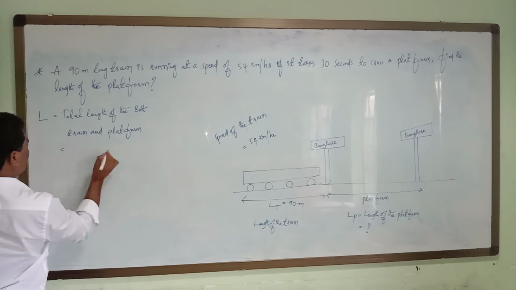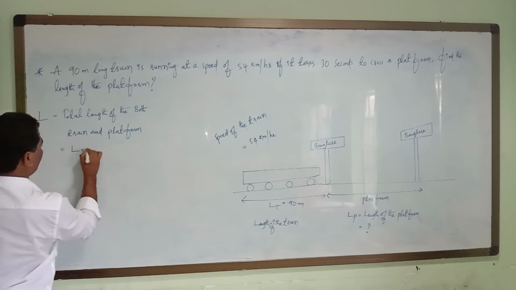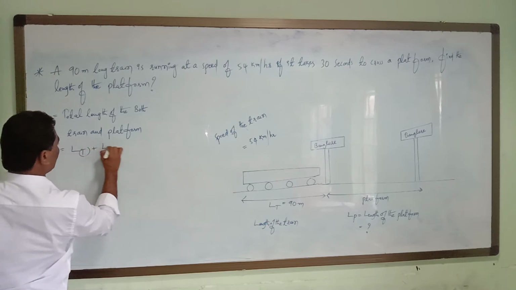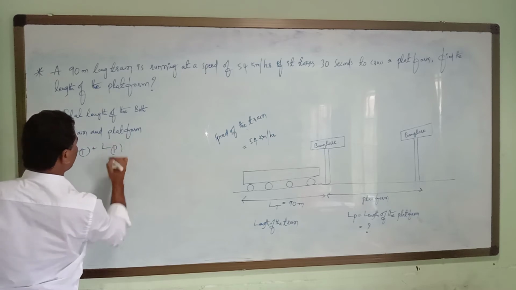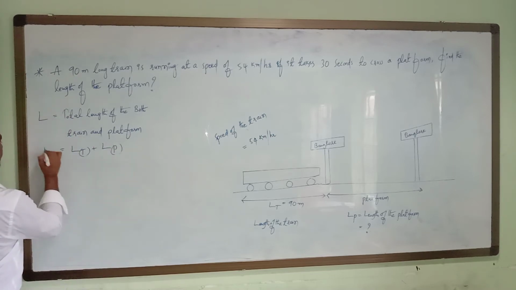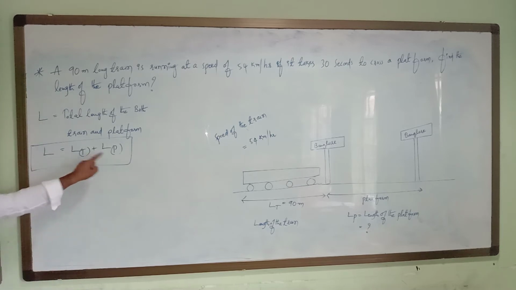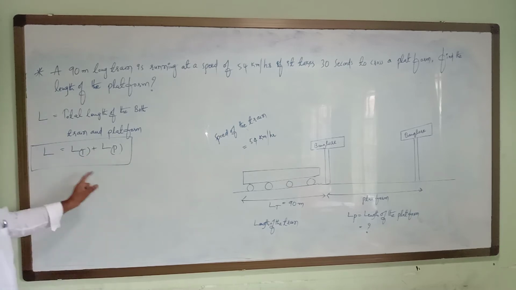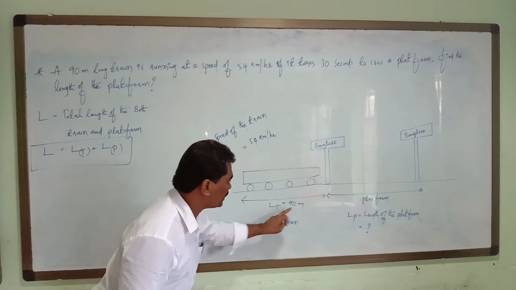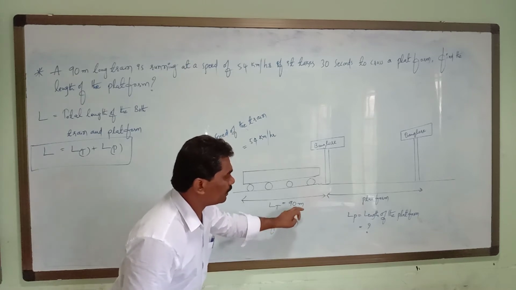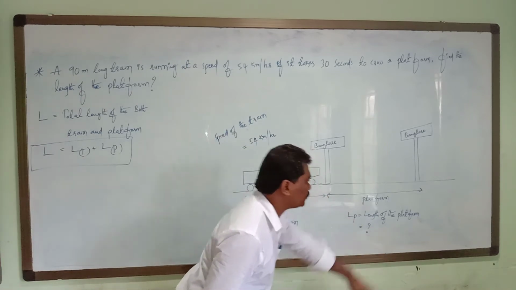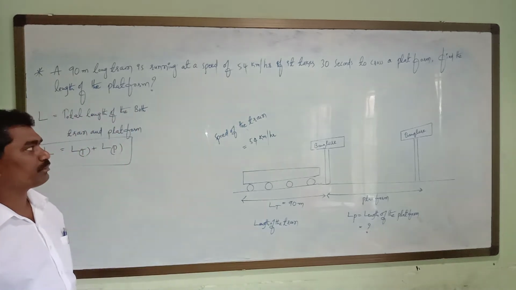That is taken as the length of the train LT plus the length of the platform LP, which is considered as the total length. L is equal to LT plus LP. Next, the length of the train is 90 meters and the length of the platform should be calculated.